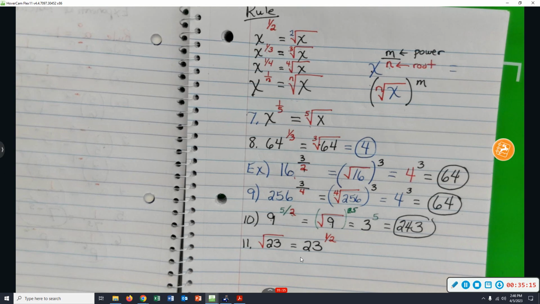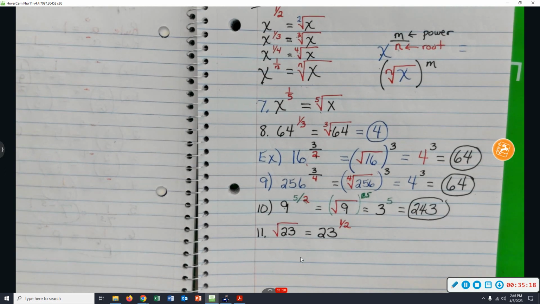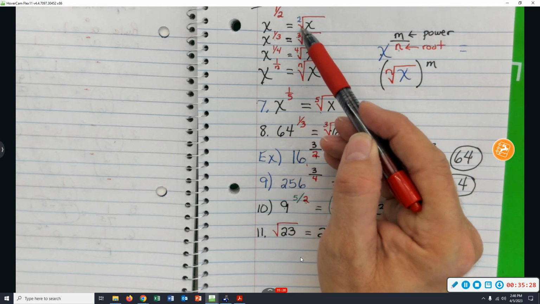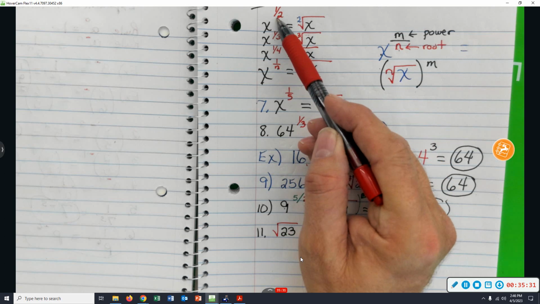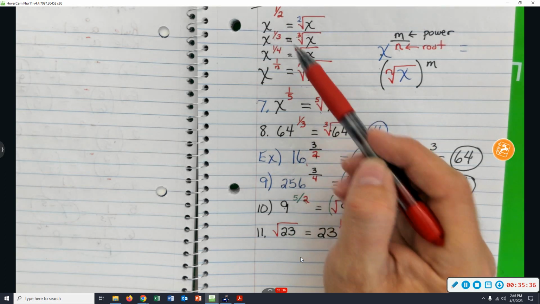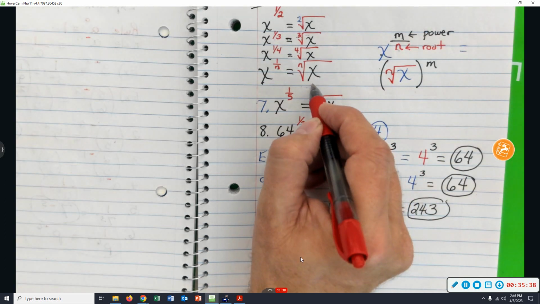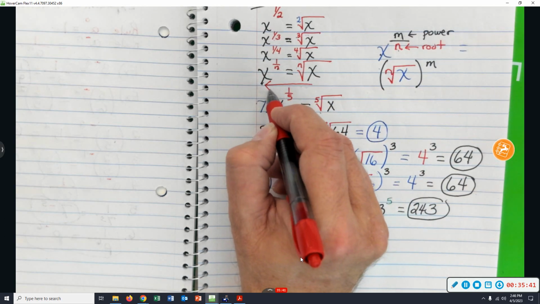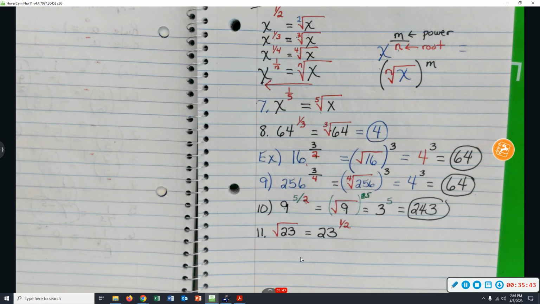That's a very important rule that we're going to be seeing a lot of towards the end of this lecture and on Monday when we're discussing logarithms. If you have a square root and you want to write it without that square root, make it a 1/2 fraction exponent. If you had a cube root, that's a 1/3 exponent. We're going to use this rule in reverse quite a bit over the next week. So the square root of 23 is the same thing as 23 to the 1/2 power.